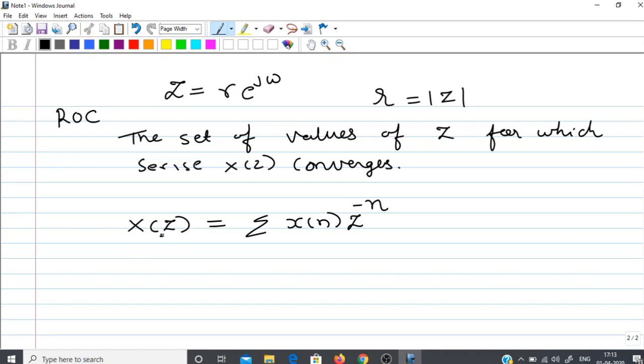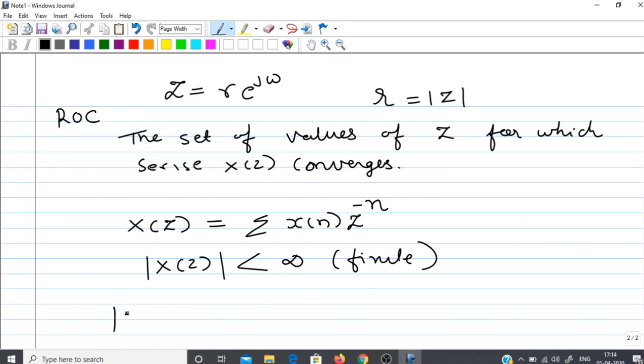Now why am I saying the mod of X(z) is finite? Because X(z) is not necessarily a real function of z. X(z) is a complex function of z. Therefore, we can find the ROC by finding the range of mod z where the mod of X(z) is finite. So when would this mod of X(z) be finite?